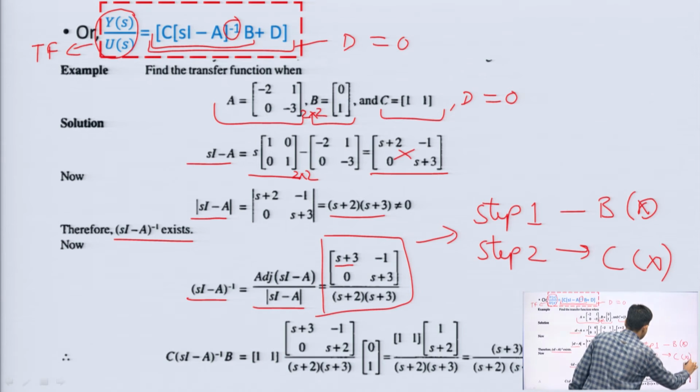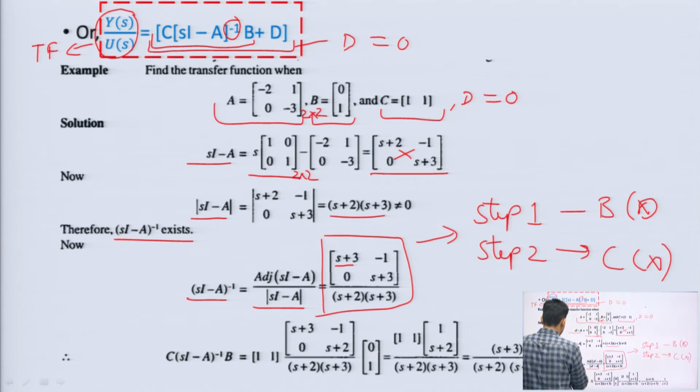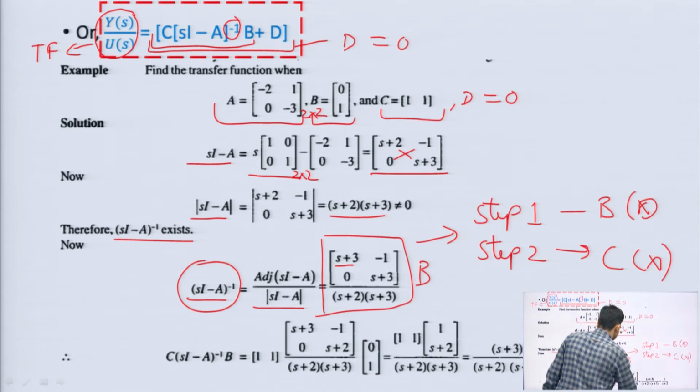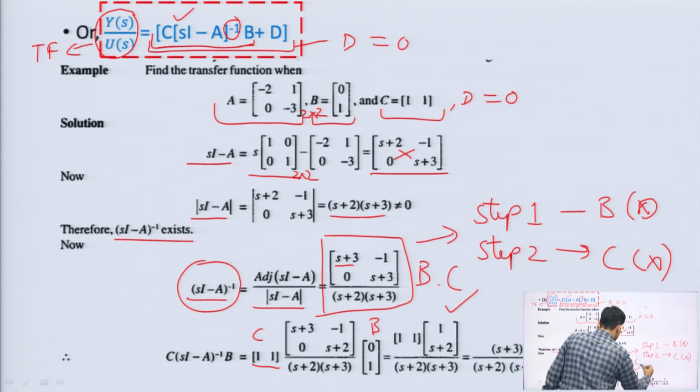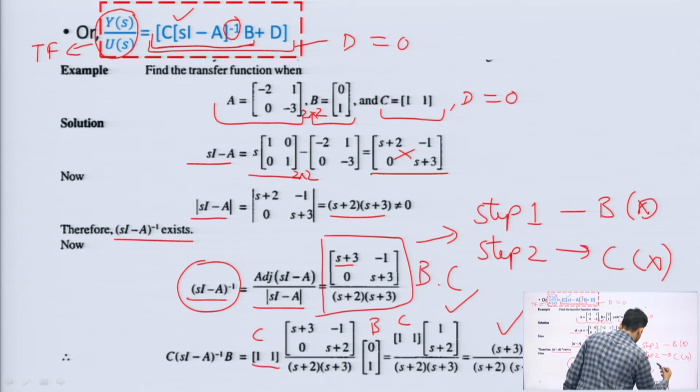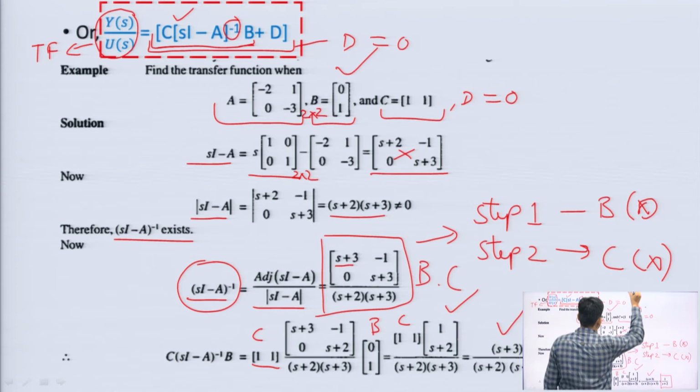So, here (sI minus A) inverse is available with me, and I have to multiply it with B and with C, so that I can obtain this expression. Here my C matrix is 1 1, this is C, this is B. First I will multiply with B, I will get this expression, then I will multiply with C, and I will get this expression. After solving, this is my transfer function for this state space model.